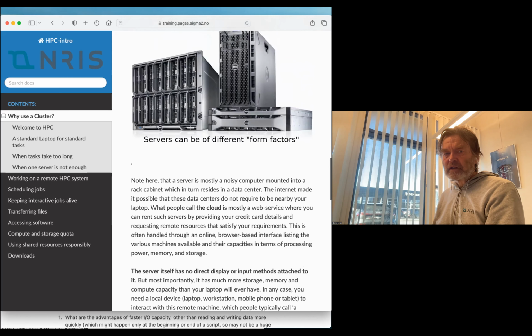But for the tasks that we are discussing with HPC, these servers are typically not enough. The HPC system Saga is configured such that you can use one server only if you want to. While on Betzy, you need to use several compute nodes to run your simulation.